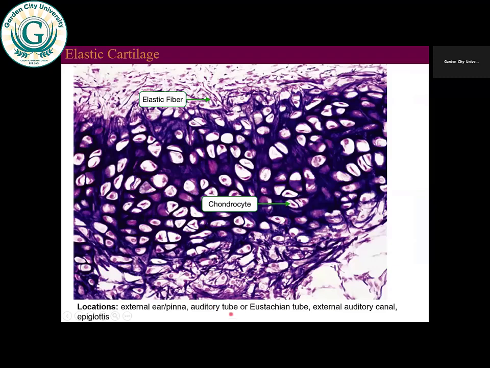That one is elastic cartilage. Then the external auditory meatus too is an elastic cartilage, because they have elastic fibers.